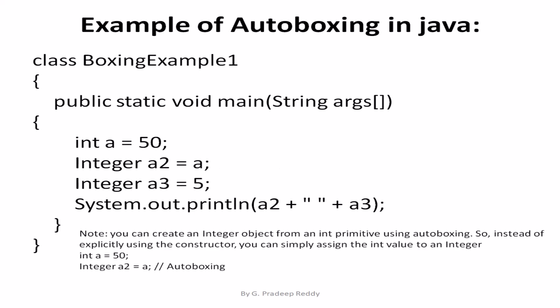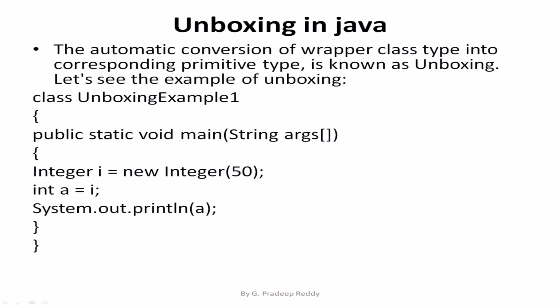Here we are going to convert the particular procedure which we have done, a2 equal to a, and it is called autoboxing. Next, unboxing in Java. Unboxing in Java means converting the particular wrapper data type into the particular primitive data type.